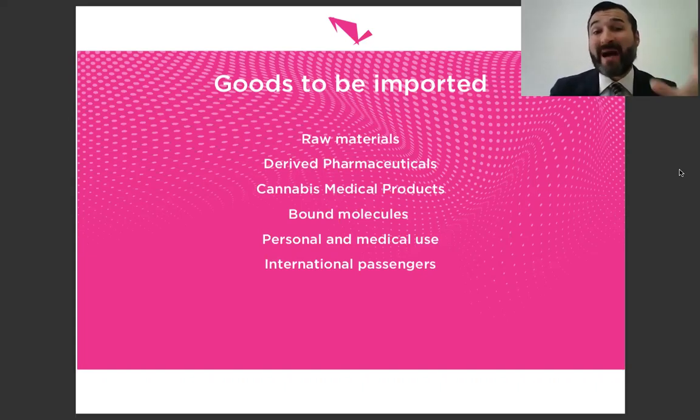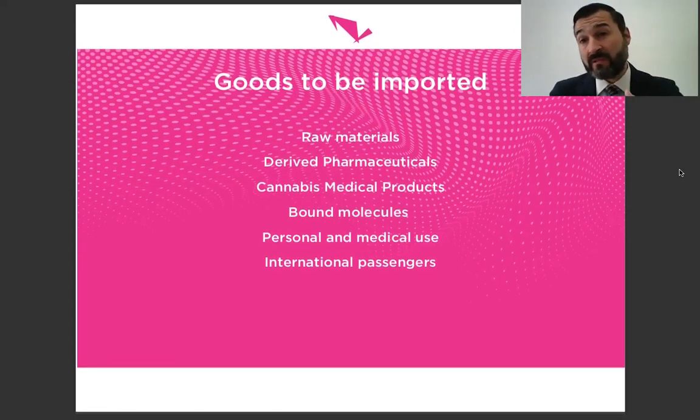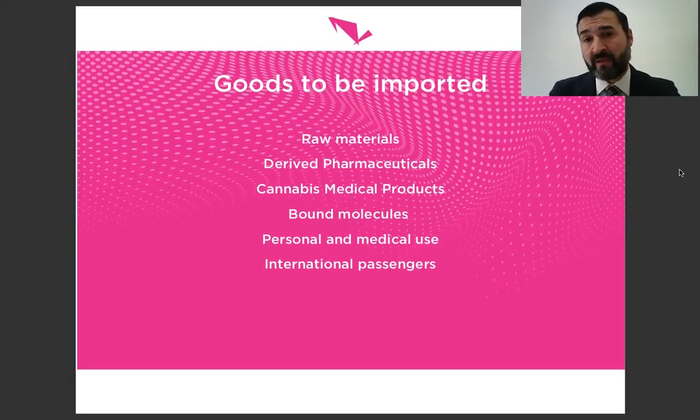Okay, bound molecules also, and the next two items are probably not something that we put a lot of stress or importance on in this conference, because they're for personal and medical use.